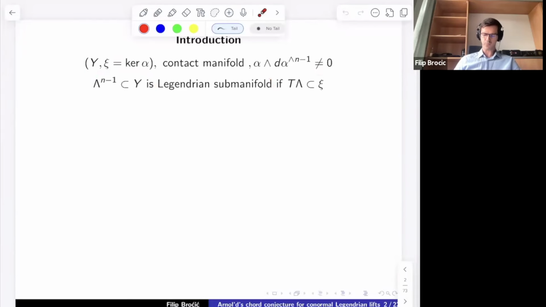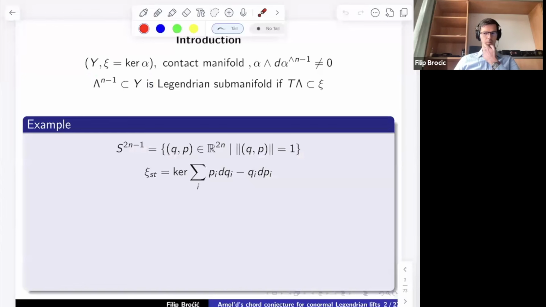Then I would like to recall two basic examples, and for the rest of the talk I'll be focused on these two examples. The first one is the standard contact sphere, which is given by the set of unit vectors in the standard symplectic space, and the standard contact structure is given by the kernel of the Liouville form on R^2n.